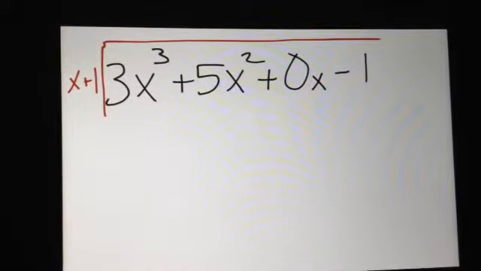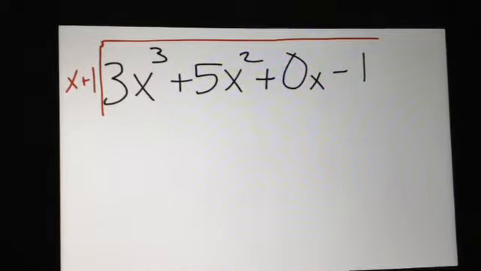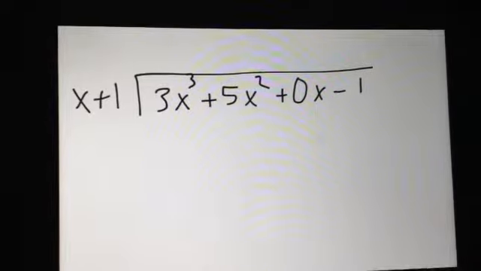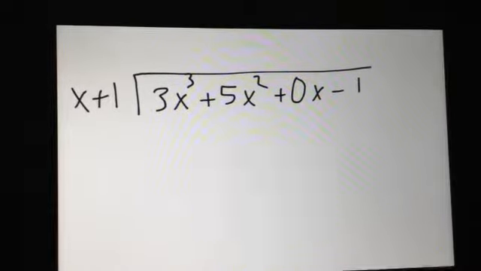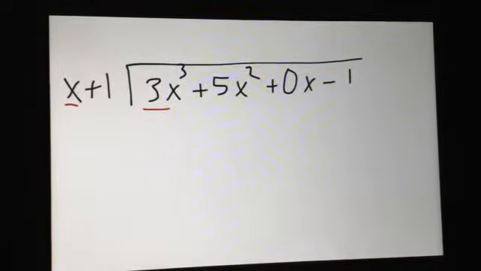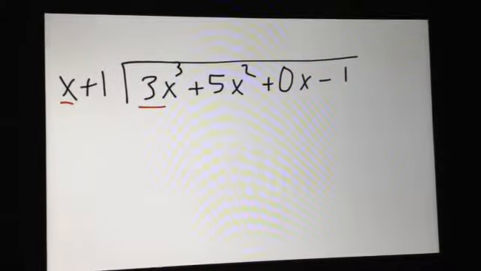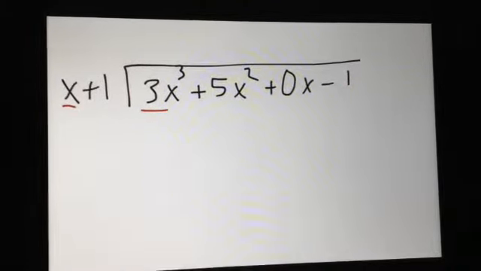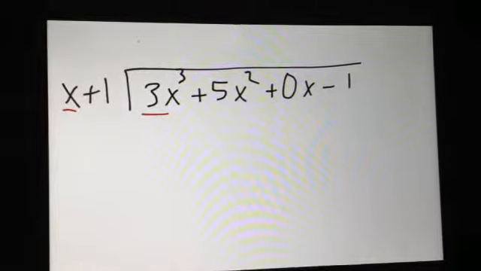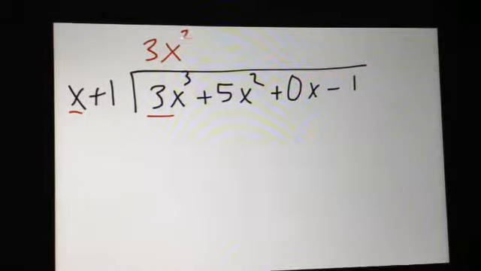So it's just normal long division. So we take this, and x goes in 3x squared times, and 3x to the third, and that is 3x squared.